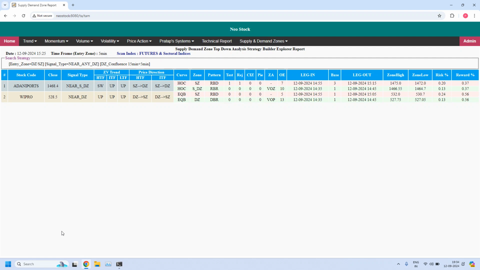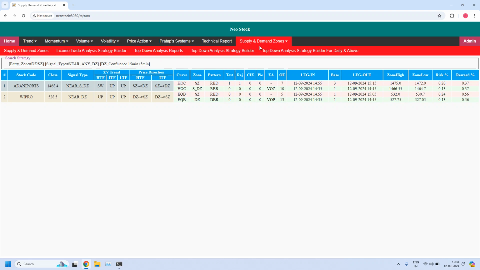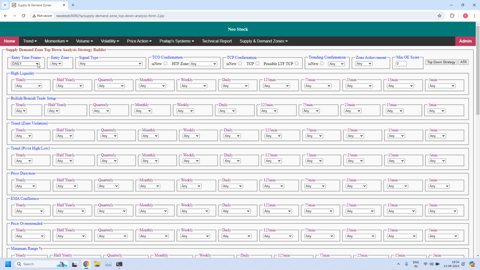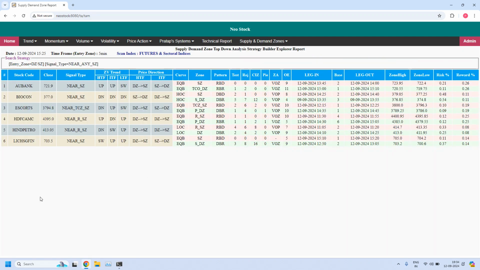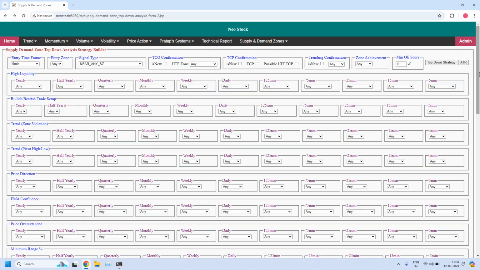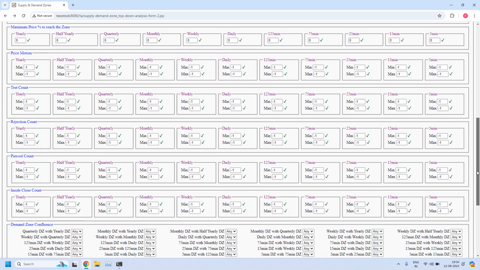So the next, supply zone. For 5 minutes time frame, let us find the stocks near 5 minutes supply zone. 6 stocks are filtered. Let us verify how many of these 6 stocks are having 15 minutes supply zone confluence. 5 minutes and 15 minutes supply zone confluence.